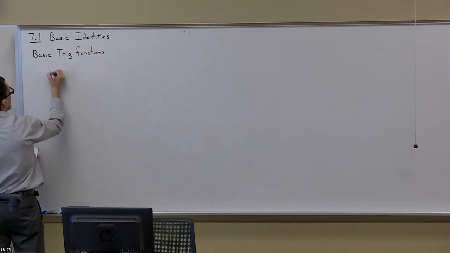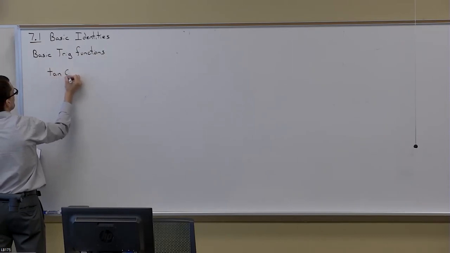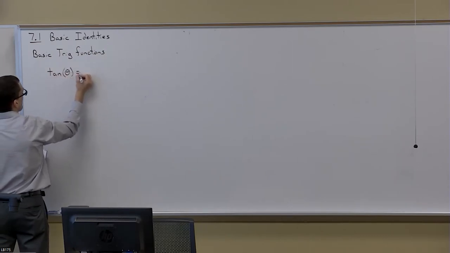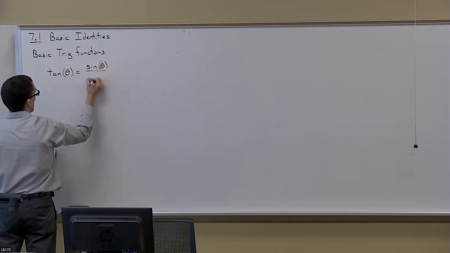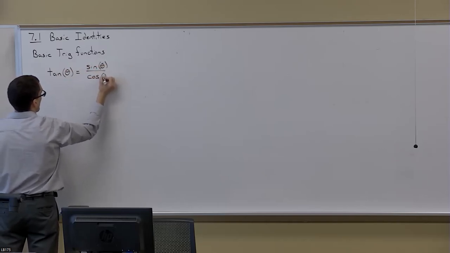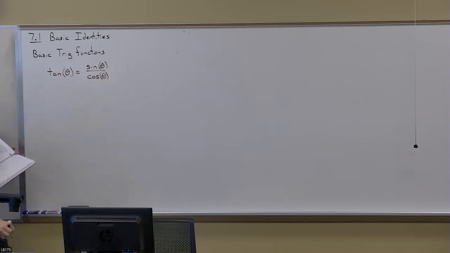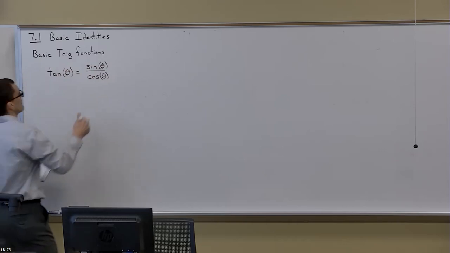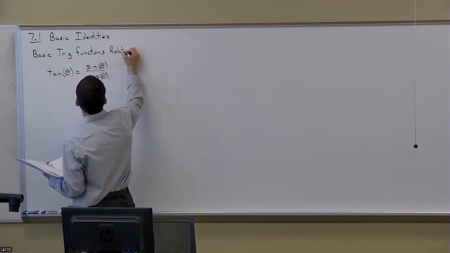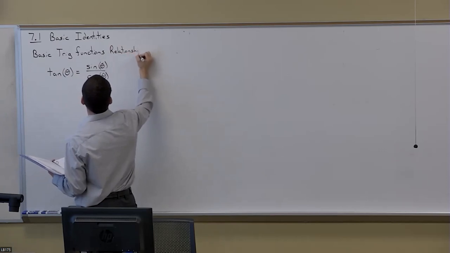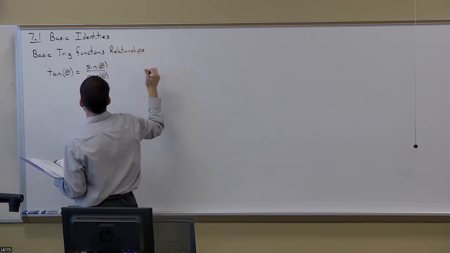So we saw, for instance, that tangent of theta is sine of theta divided by cosine of theta. That was how the relationships between trig functions are. These are the basic trig function relationships.